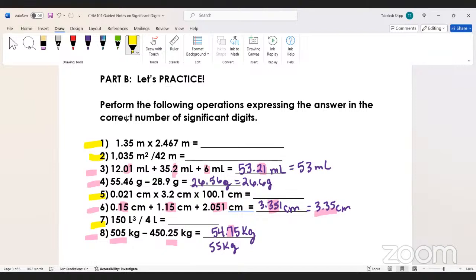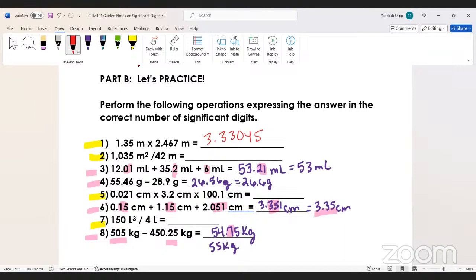In this first number here, for number 1, we've got 1.35 times 2.467. Again, my calculator gives me this big number right here, 3.33045. But remember, we don't need all of those numbers.